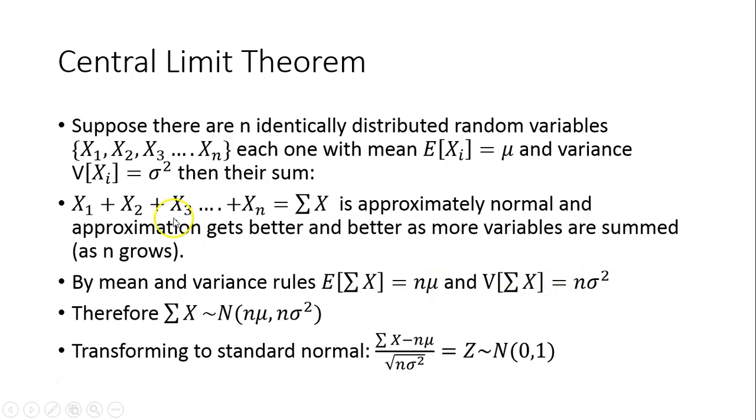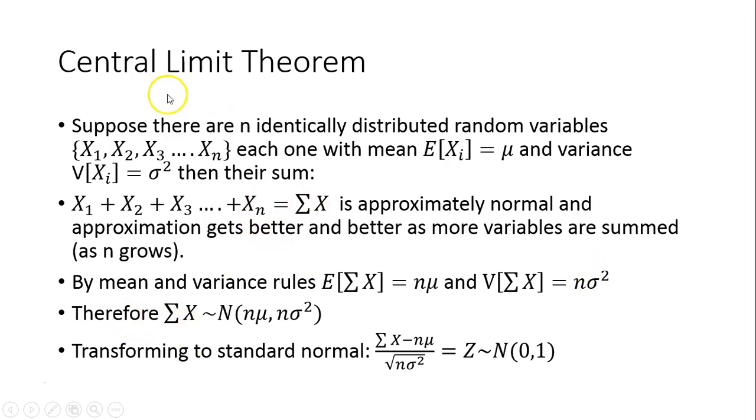And similarly, the variance of this thing here is the sum of the variances of each individual one. So this is the variance of the first, which is sigma squared, plus sigma squared plus sigma squared, all the way, there's n of those. And so the variance of the sum is n times sigma squared.